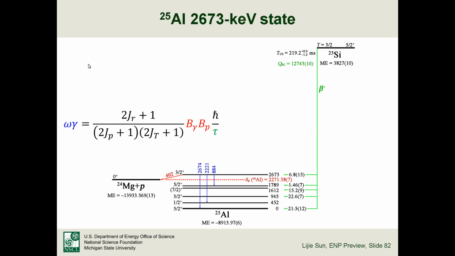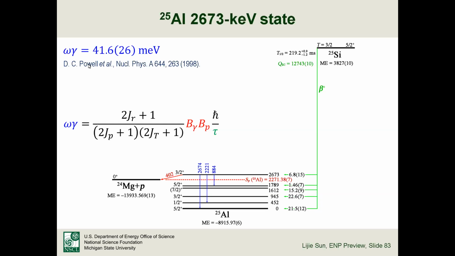For a narrow resonance, the branching ratios here are highlighted in red, and the omega gamma highlighted in blue. The resonance strength is related by this well-known expression.